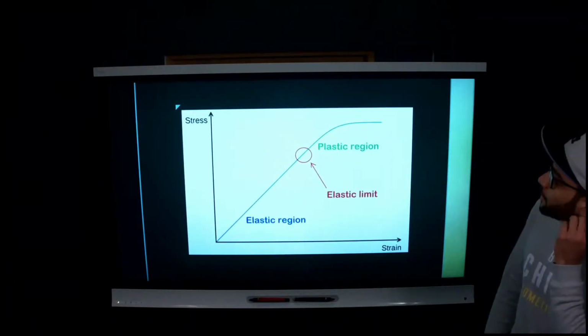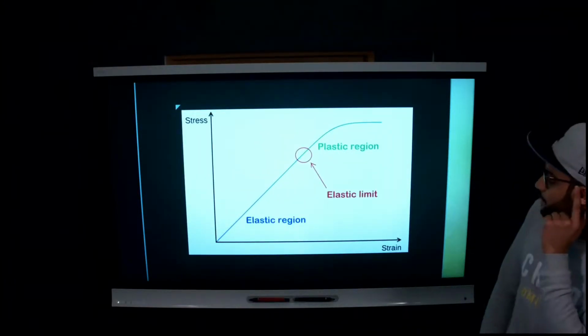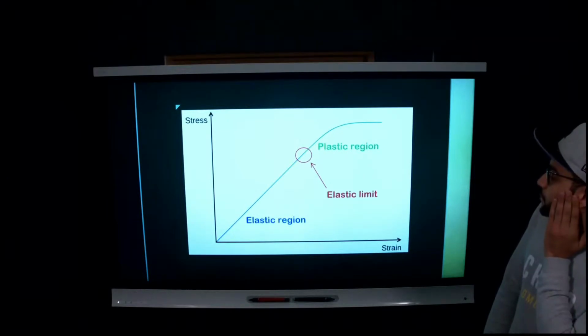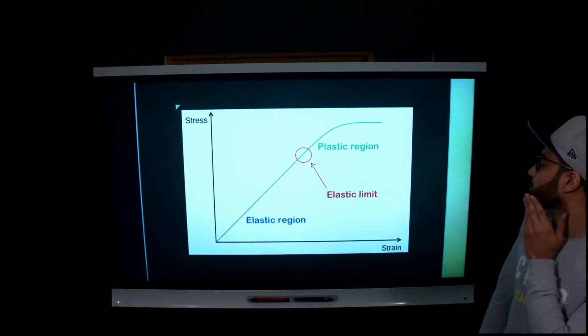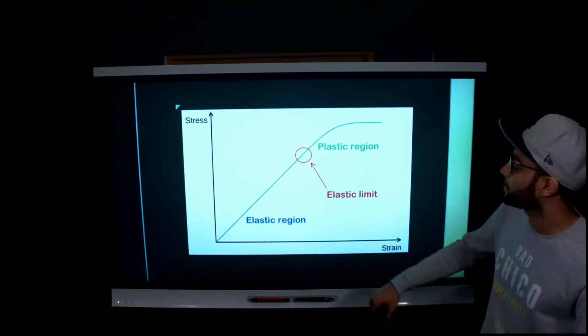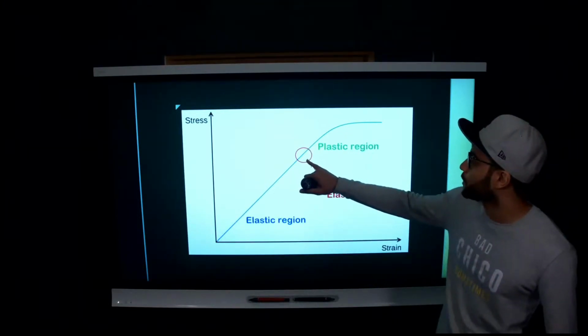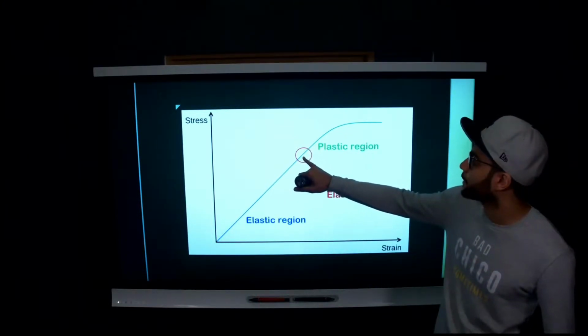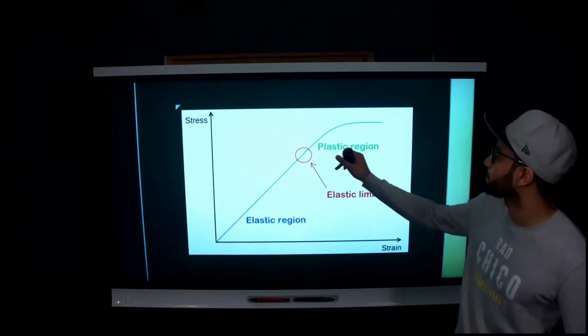And that's a graph of the stress-strain, which shows us the elastic region, the elastic limit, and then after that there is a point where it forms the plastic region.